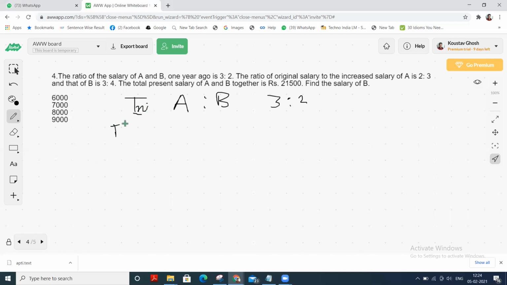So increased salary of A. How much? That is 2:3. That means if it was 2, then it becomes 3.